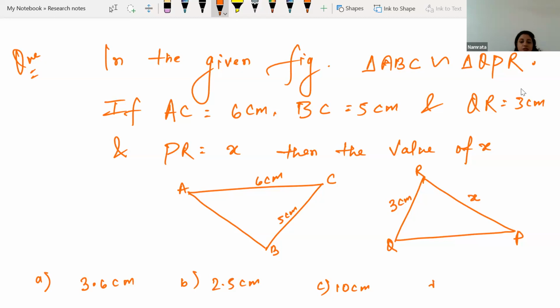And option D is 3.2 centimeter. Anyone, what to do over here? These two triangles are similar triangles.